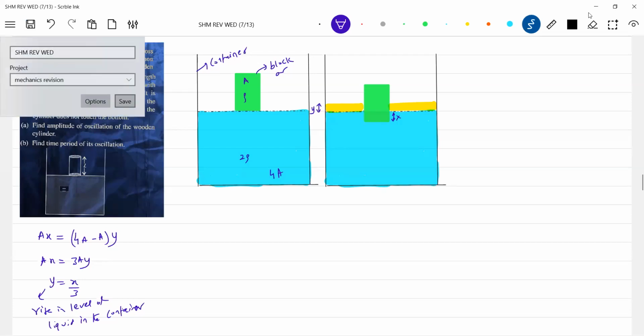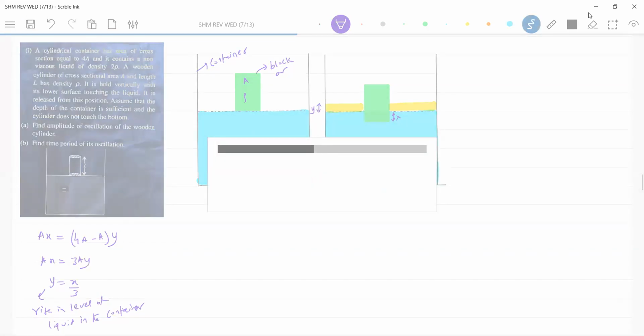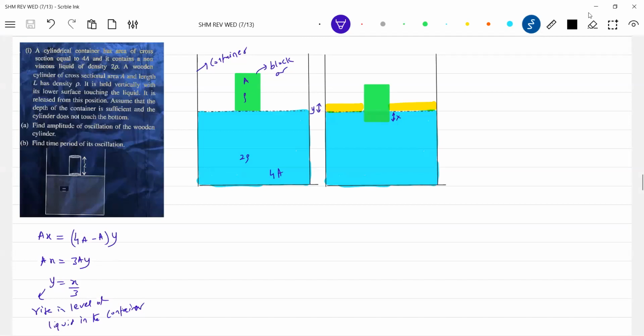This is very important. Unless you have this thinking, not possible. I'm making it clear. So what is this yellow color one? Displaced liquid. Don't think that new liquid has come.